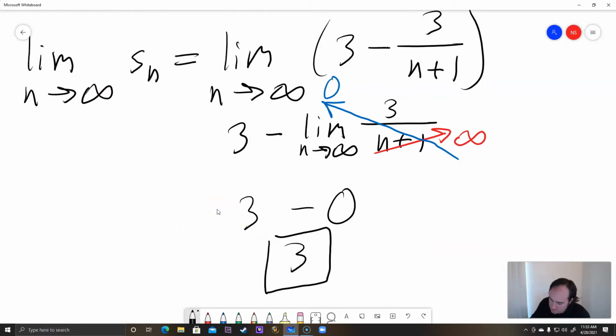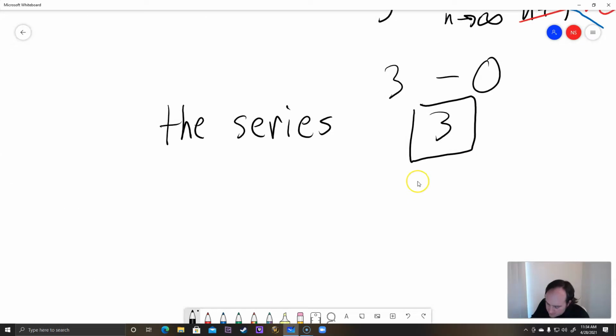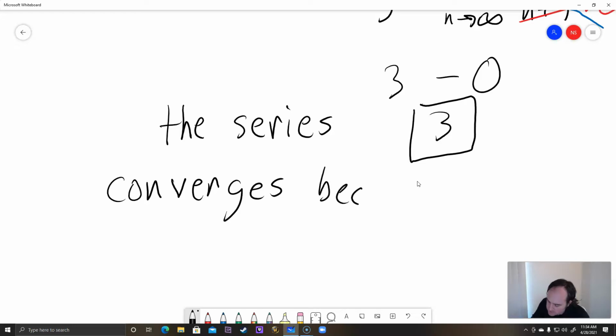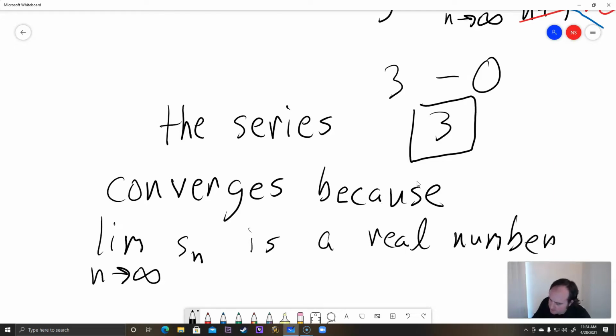So what we say here is the series converges because we got a real number. We did not get infinity or negative infinity. So the series converges because the limit as n goes to infinity of s sub n is a real number. 3 is a real number.